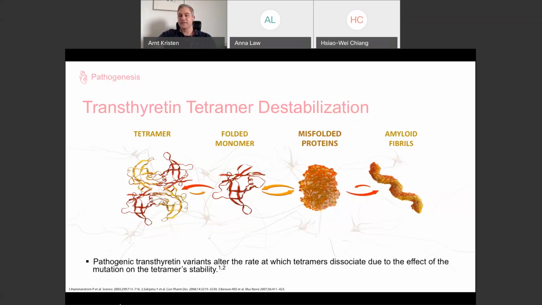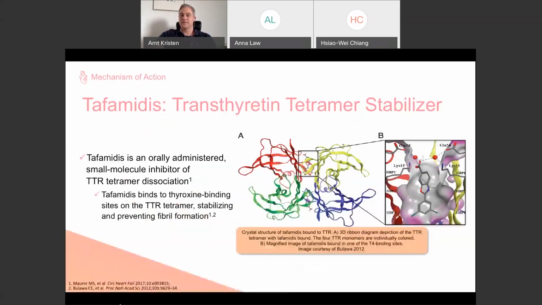It can be orally administered, and tafamidis binds to the thyroxine binding sites of the TTR tetramer and stabilizes the protein so that tafamidis inhibits the potential amyloid building step.